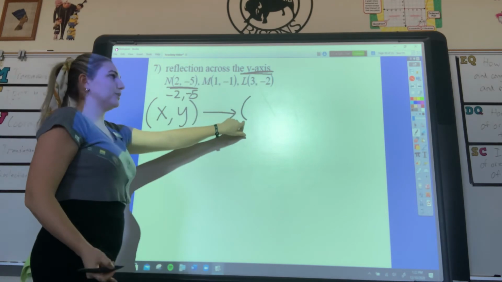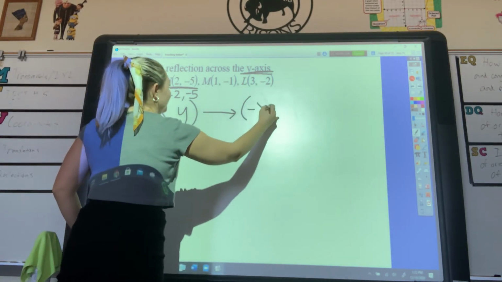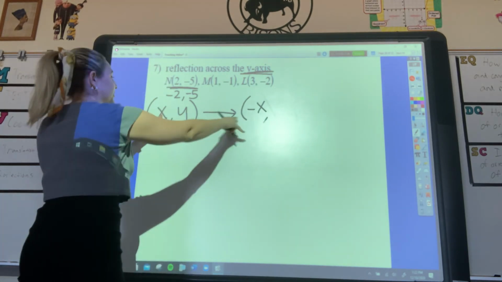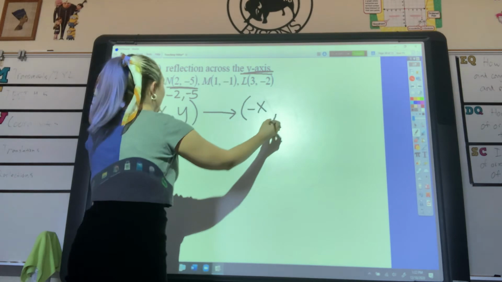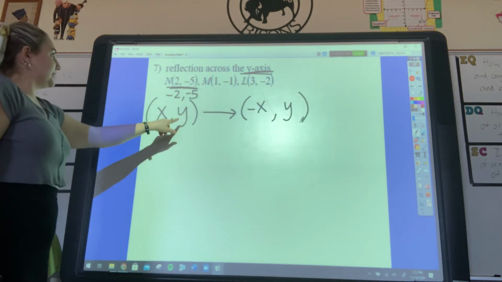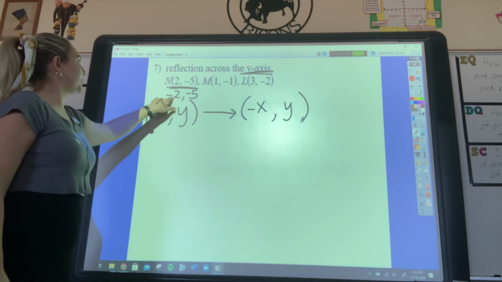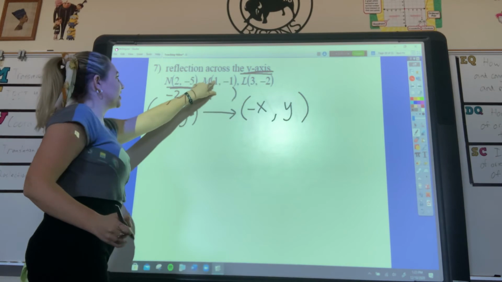So I'm going to show you in rule form, which would be (x, y) to (-x, y). So this x is going to change from x to a -x, and then the y will stay the same. And on each of these coordinate points here, the x is going to change its sign.